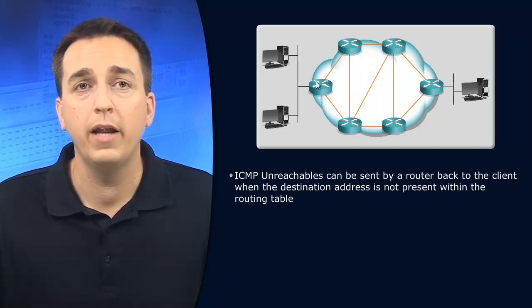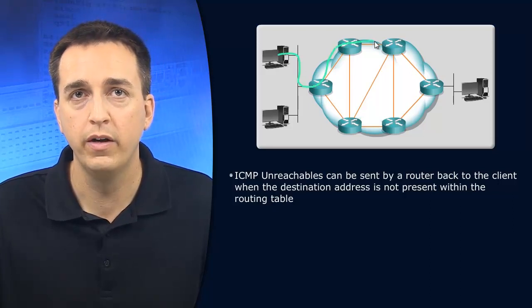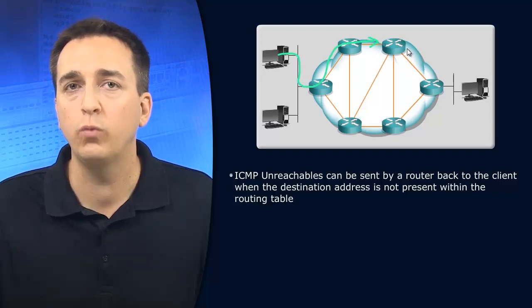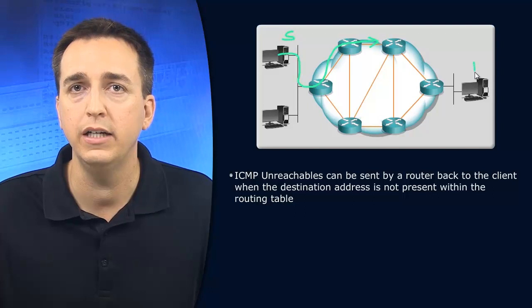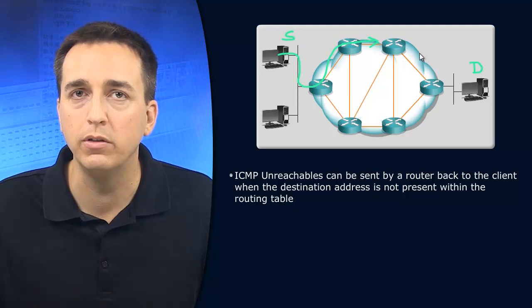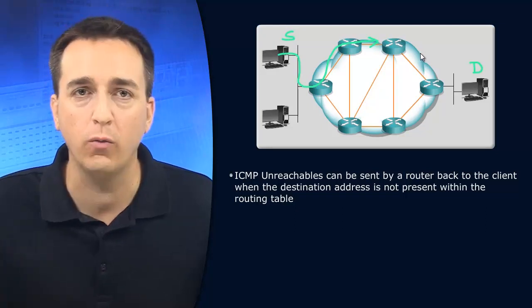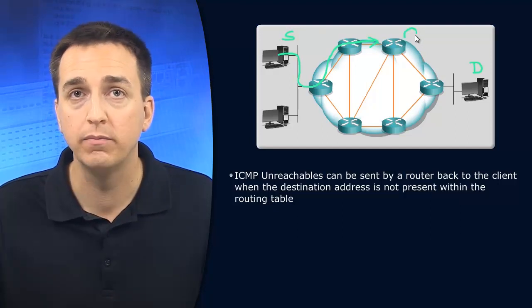So if we examine a packet, let's say that's flowing through the network this way, what does the router do if it does not know how to reach the destination? Let's say this is the source and this is the destination. Well, if the router does not have an entry in its routing table at all, meaning no default route, no specific entry, it has to drop the packet.